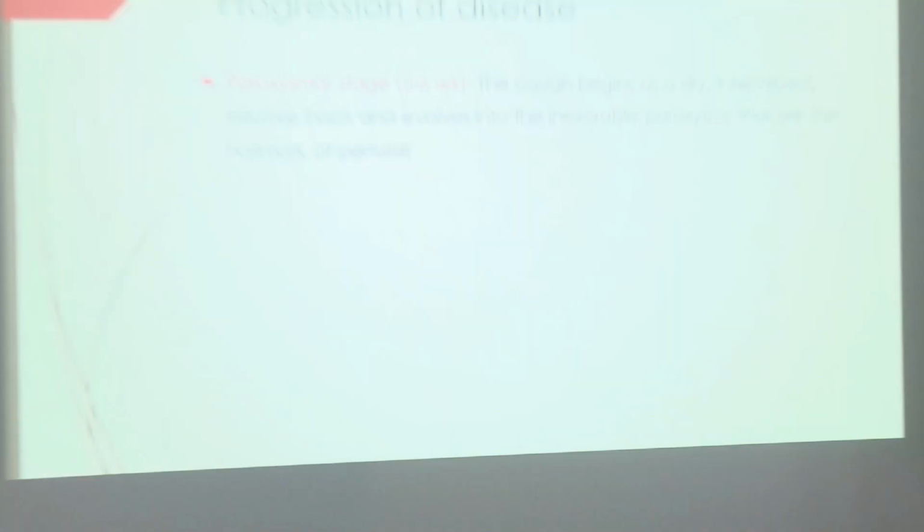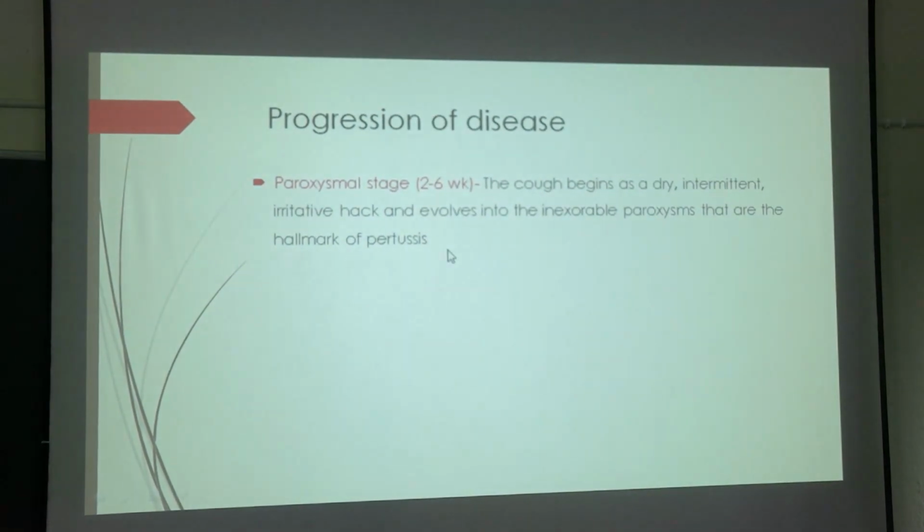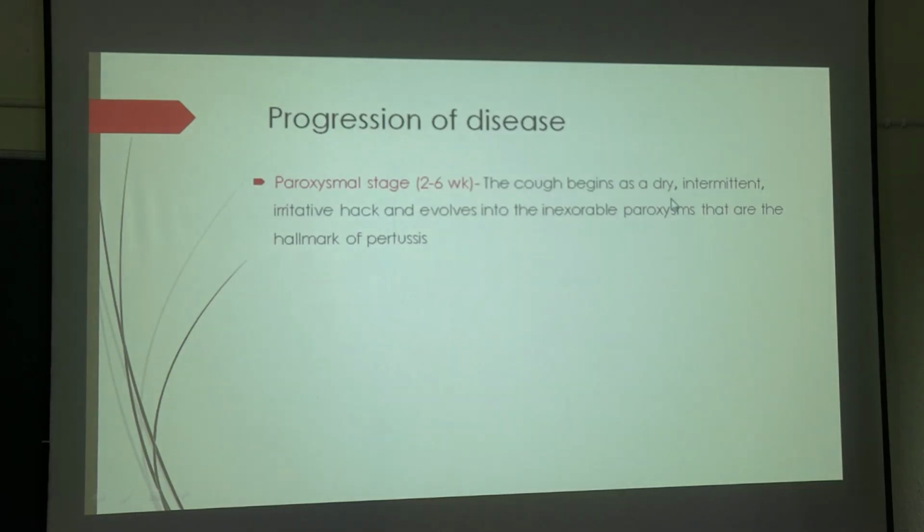Next, as the disease progresses, the paroxysmal stage starts. In the paroxysmal stage, the typical cough starts. The cough begins as a dry, intermittent, irritative hack that evolves into paroxysmal cough, which is the hallmark of pertussis. How does it occur?